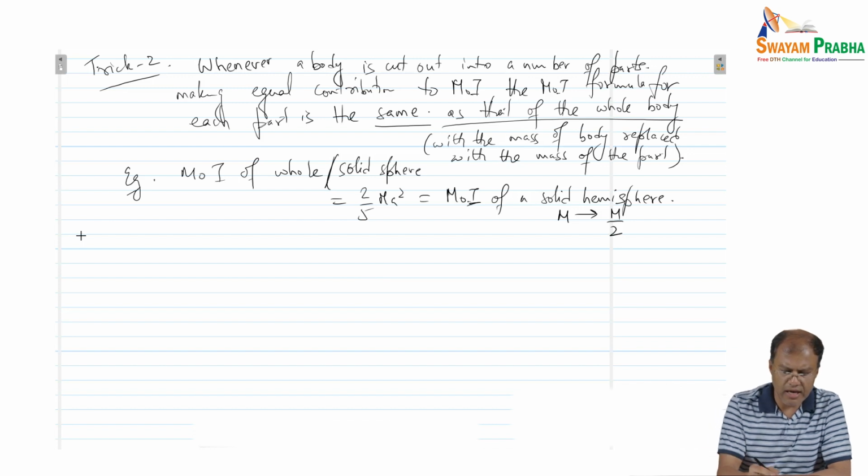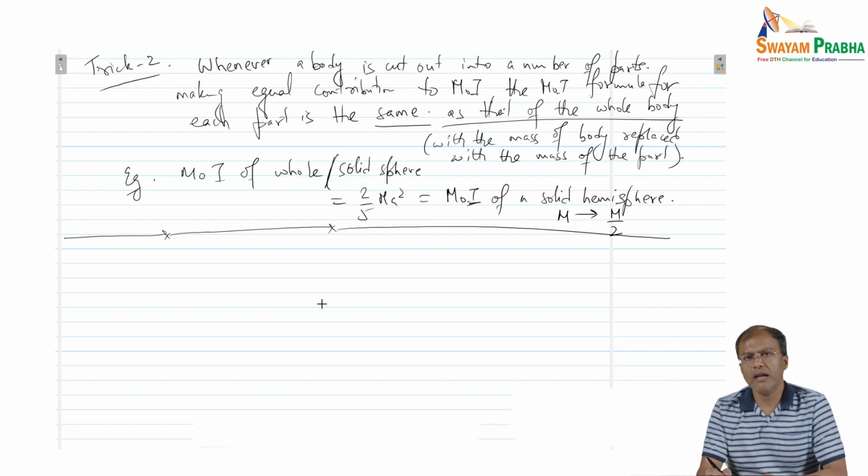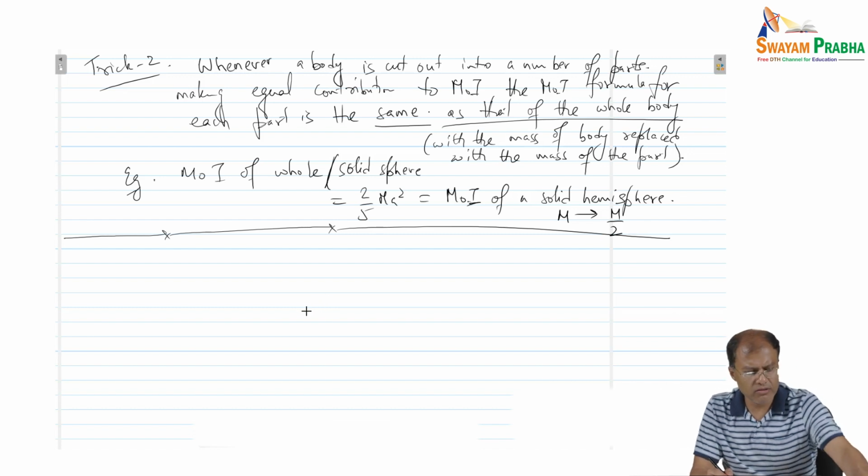So then the next set of results are a set of two theorems. The first one is the parallel axis theorem and the second one is the perpendicular axis theorem.